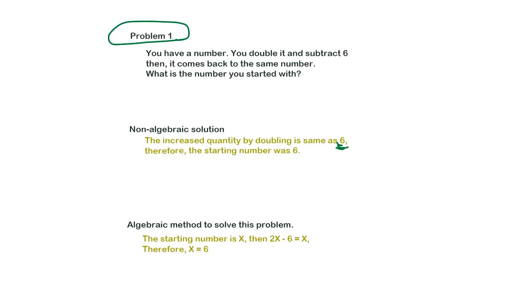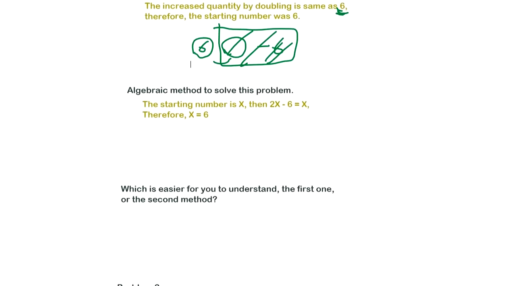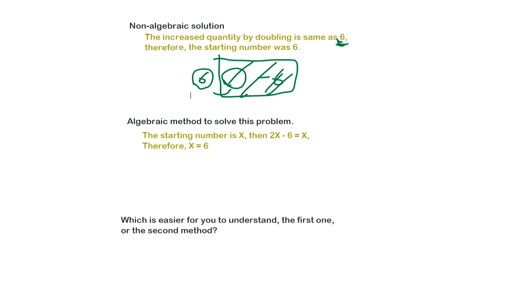You get that? So you have something, you double it and subtract 6, then it comes back to the same number. Then this must be 6. You know, you have to get it.